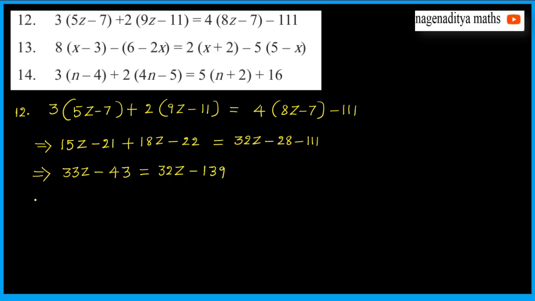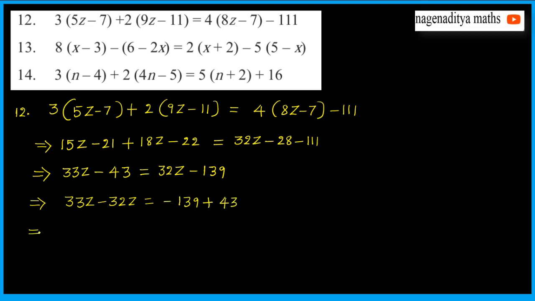Okay, if you write the z terms on one side, 33z minus 32z is equal to minus 139 plus 43.